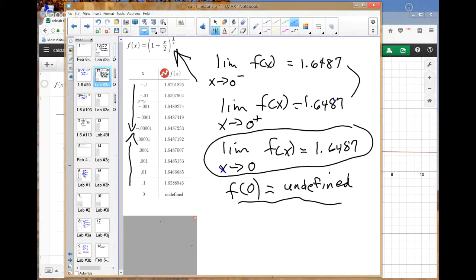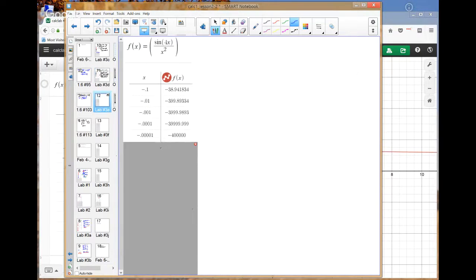All right, so let's go on to the next one. And here's our next function. This is E. Let me load one up here.